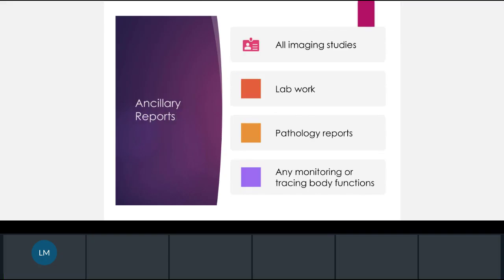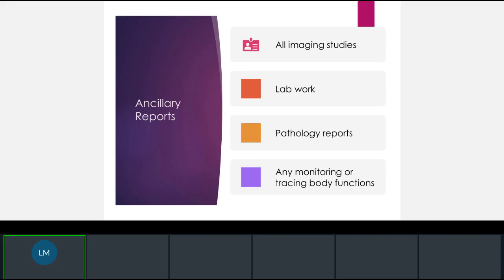All right, ancillary reports. Basically you have to have documentation of every order that was generated. If it's an x-ray that was ordered, there has to be an x-ray report included. If they ordered respiratory, there has to be a report of that respiratory interaction.